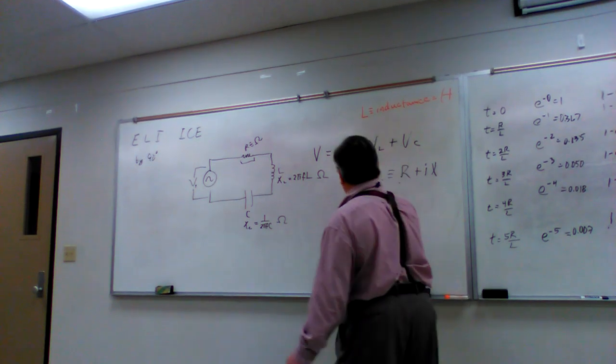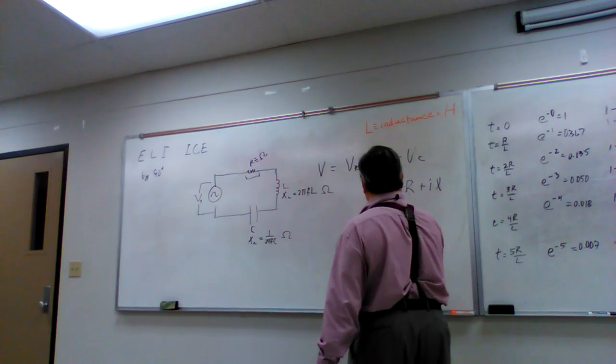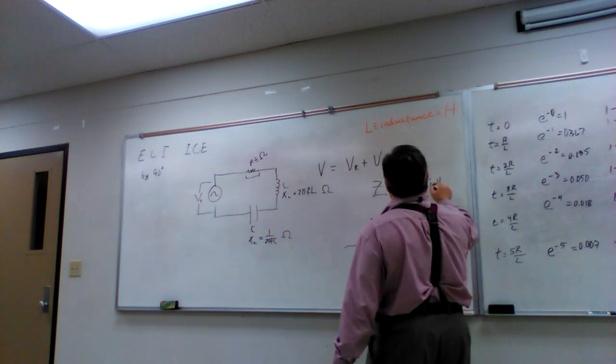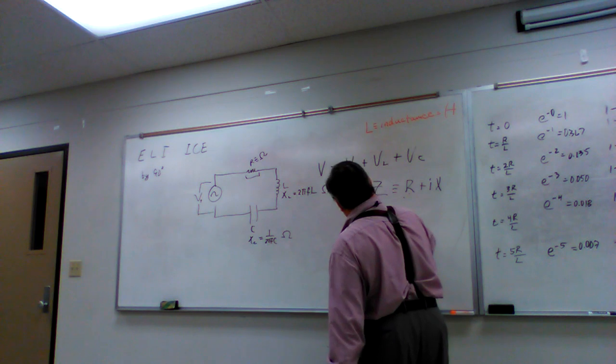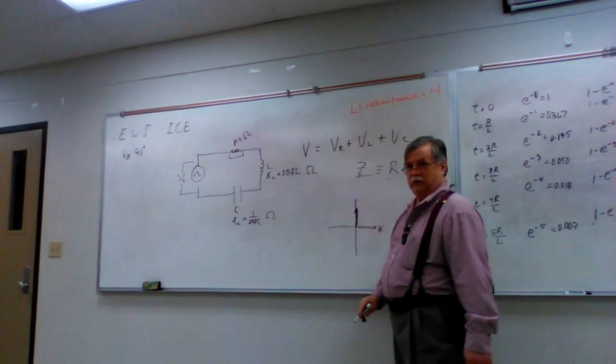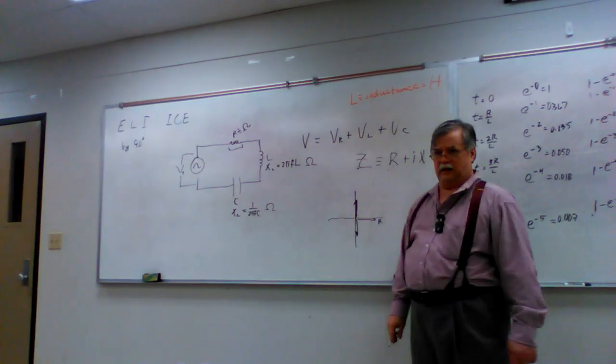So in a phasor diagram, R is always along the horizontal line. The reactance will either be inductive up the vertical axis or capacitive down the vertical axis.